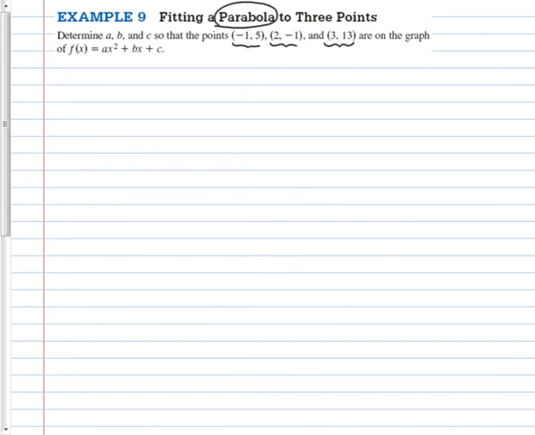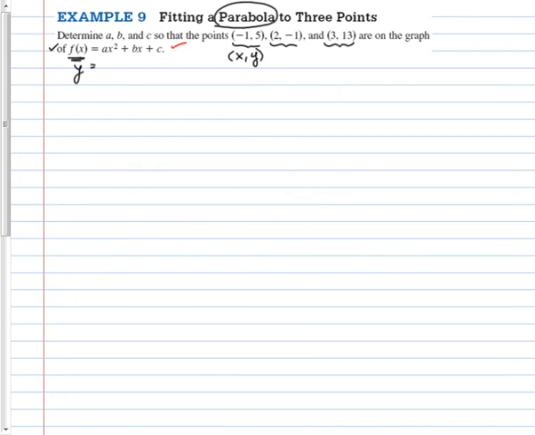Now, a parabola comes from a quadratic equation, ax squared plus bx plus c. We happen to know 3 different x and y values. So we can write 3 different equations, one for each of those points. The y is like my f of x. That's my y equals.